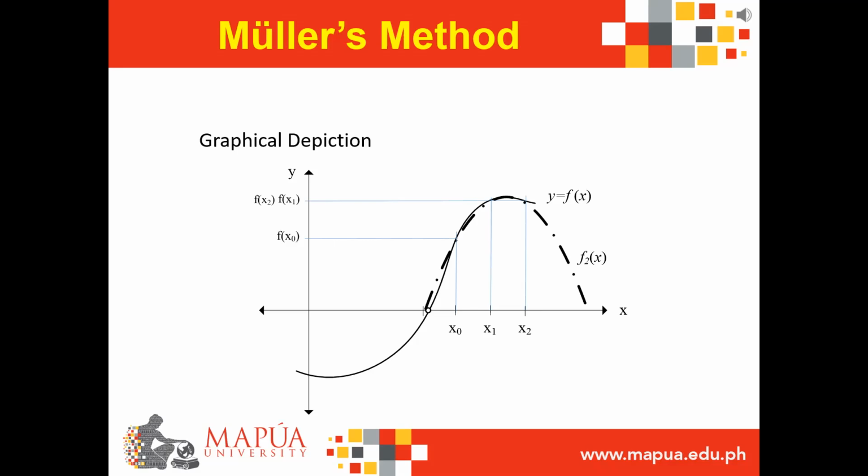From there, you apply these curve-fitting parameters that use h0, which pertains to the distance between x1 and x0, likewise h1, which pertains to the distance between your initial value x2 and x1, as well as the difference in your function values, which are referred to as delta 0 and delta 1. They are now used to approximate your root value, which is referred to as your x3, after fitting all of these parameters onto a parabola.